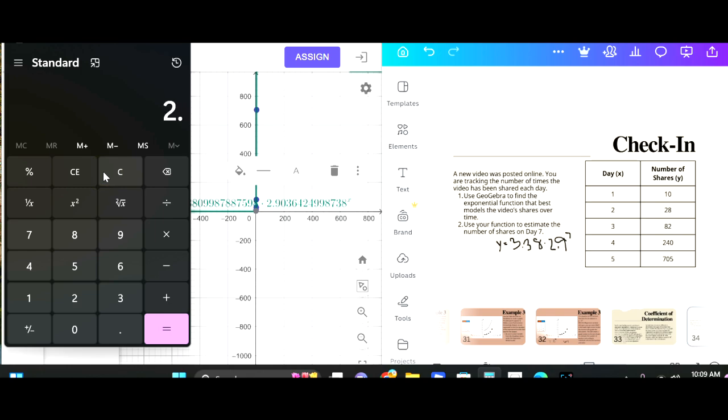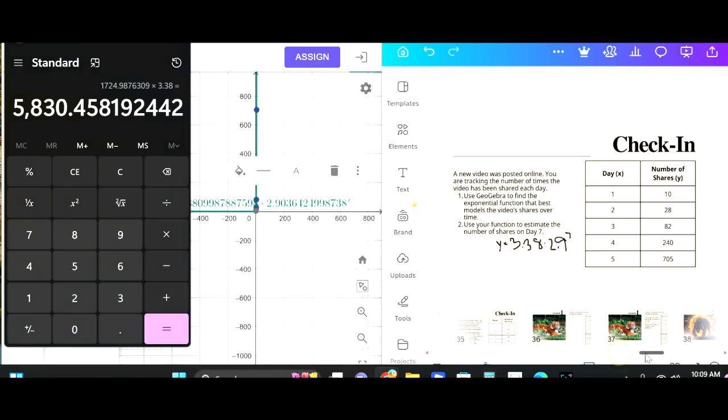So we have 2.9, to the power of 7. There's our first bit. That's a big number. Times 3.38 gives us that. There's our answer. On day 7, the video will have been shared about 5,830 times.